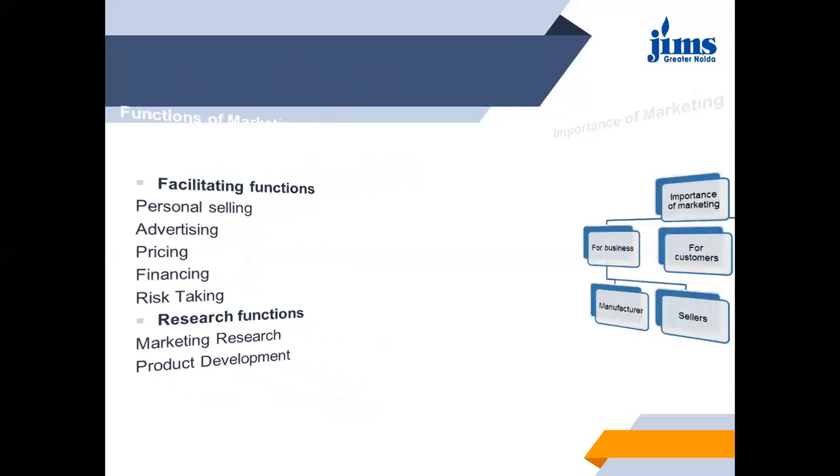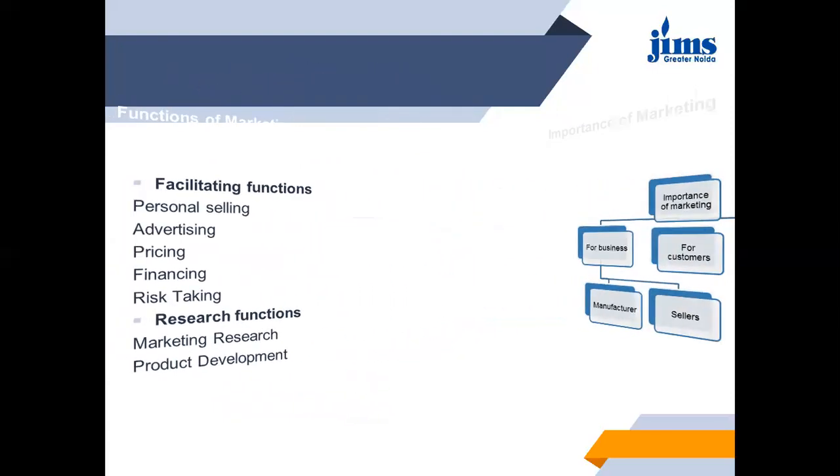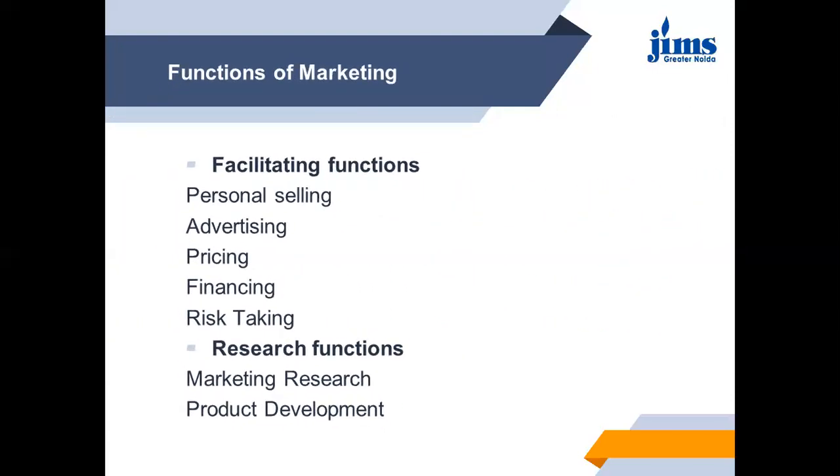That's probably the last category, if I'm not wrong. The research functions have two major sub-functions. The first is marketing research, which is a continuous effort of gathering relevant and pertinent information about market trends. A marketing department works on the basis of information. The advertisements to be designed, the messages to be designed, the products to be modified and produced, all depend upon the information gathered through a systematic process of marketing research.